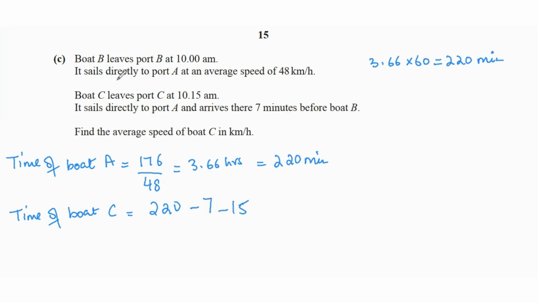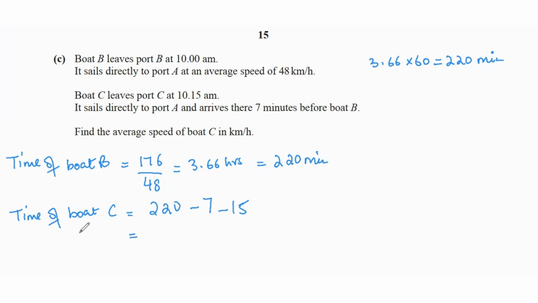Why? Because port B leaves port B at 10 a.m. and port C leaves port C at 10:15 a.m. So we have to remove these extra 15 minutes from 220. Then we have to remove the 7 minutes because it's arriving 7 minutes before port B.